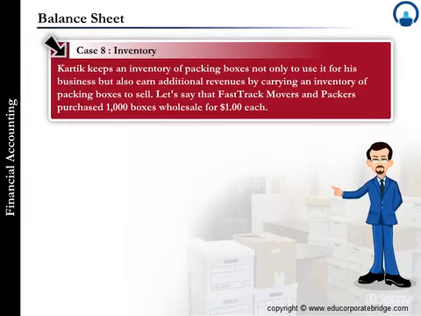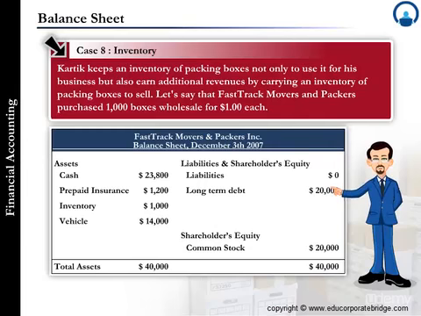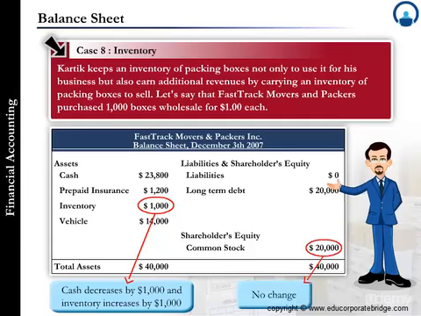How do we record this on the balance sheet? We have now done this transaction recording a couple of times, so it should be fairly simple. Cash decreases by $1,000 and inventory increases by $1,000. On the liability side, there is no change.